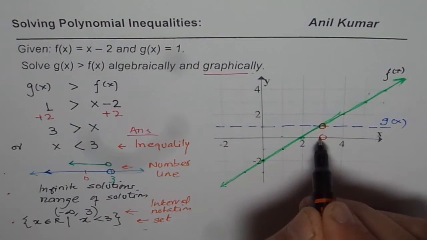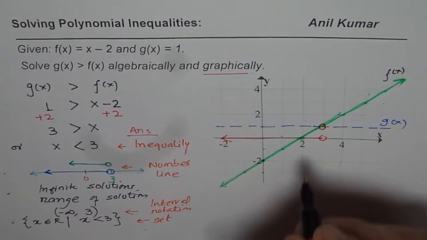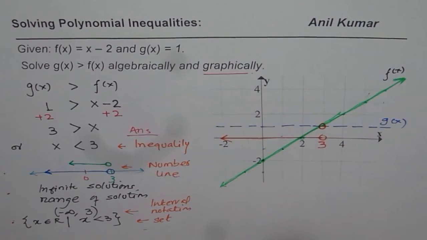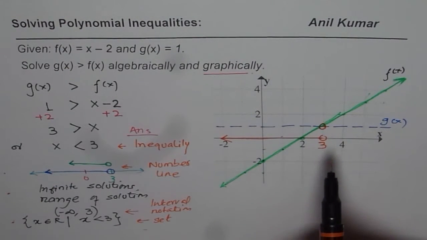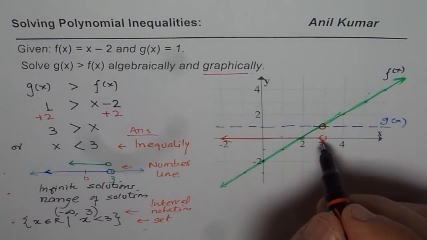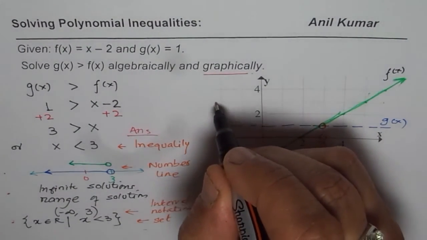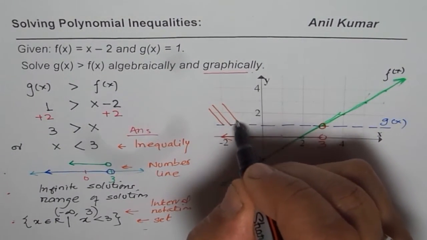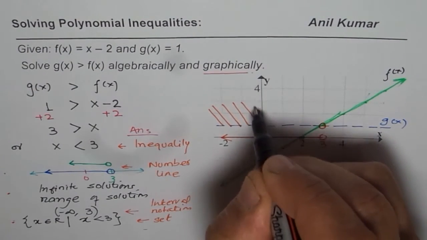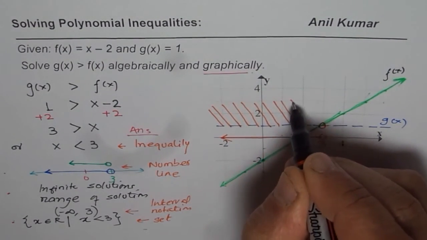Do you see that? So at 3, both are the same. Since we are interested in g of x greater than f of x, we notice that g of x is higher than f of x when x is less than 3. So graphically, you can easily read the solution.